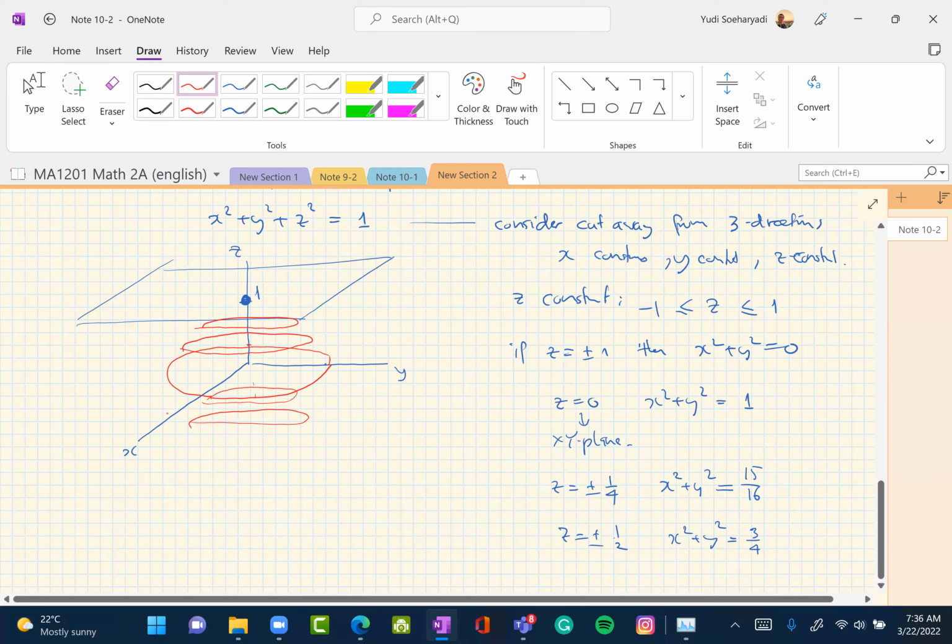All right, so in the end, if you make a lot of cuts here, then you can reconstruct what kind of object this is. Okay, so this one turned out to be a sphere.